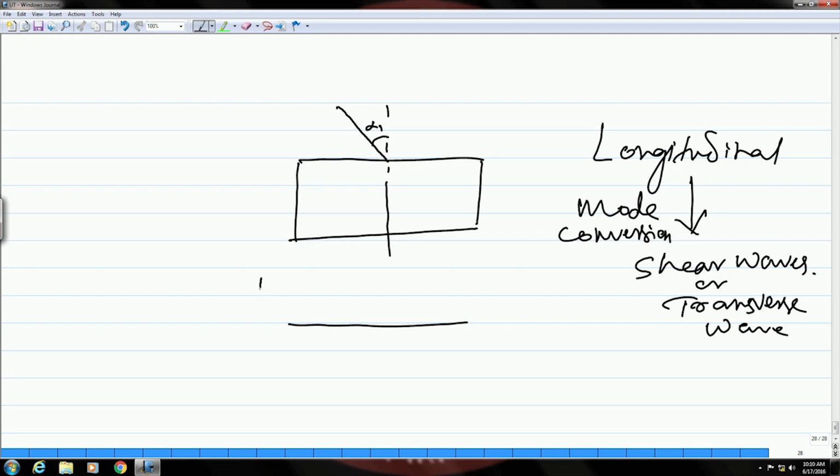So, let us say this is medium 1, and it is going into another medium which is here.